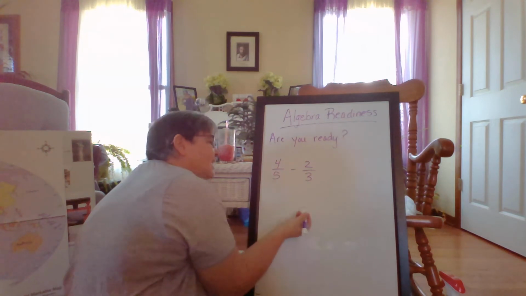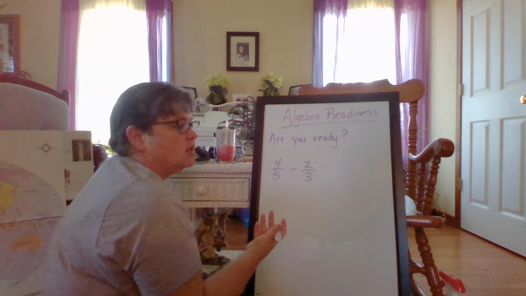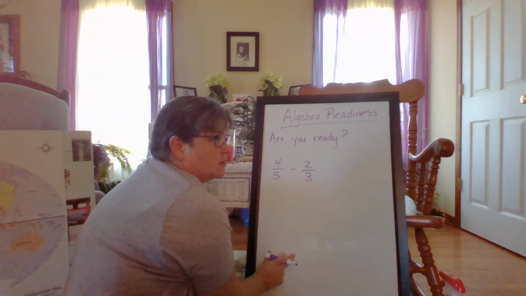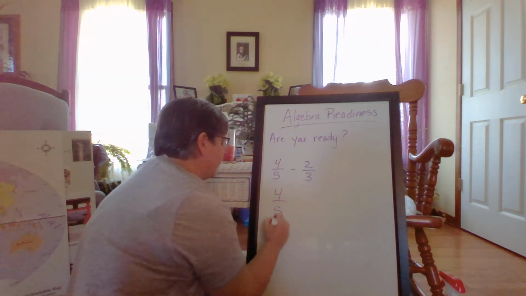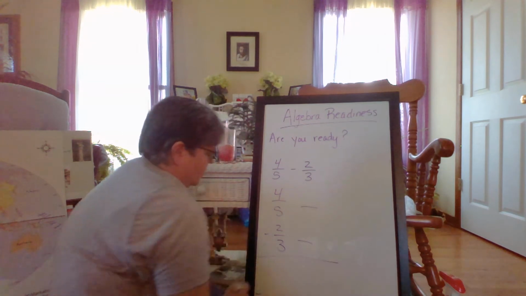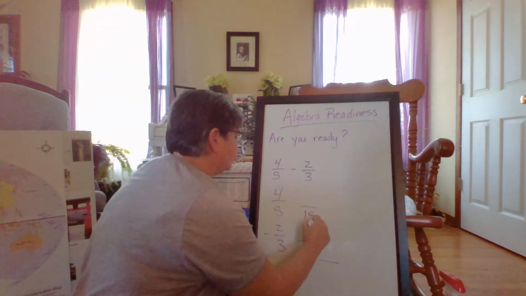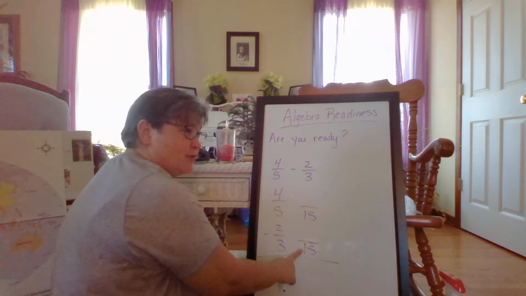So I like to write my subtraction and addition problems vertically instead of horizontally, so I'm going to do that very quickly. The common denominator, as you said, was 15. 3 into 15 goes 5 times.